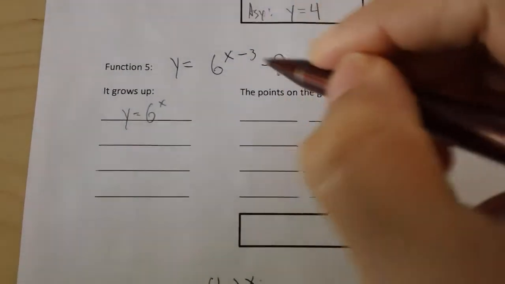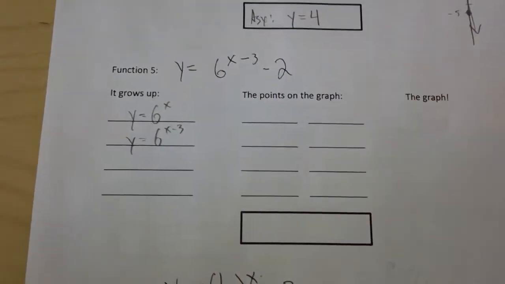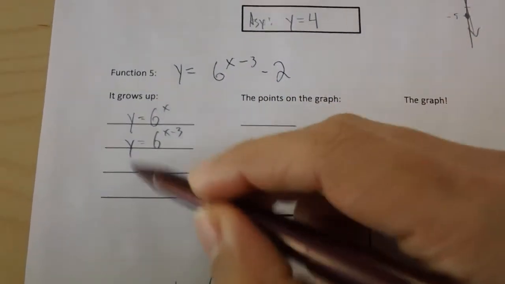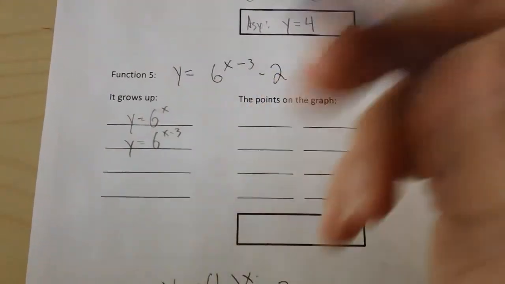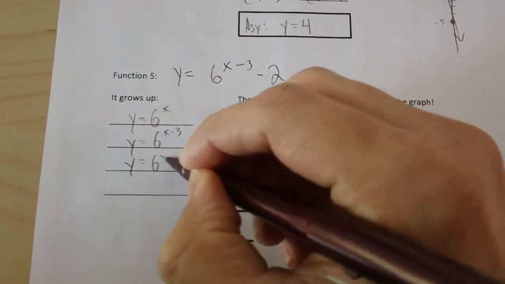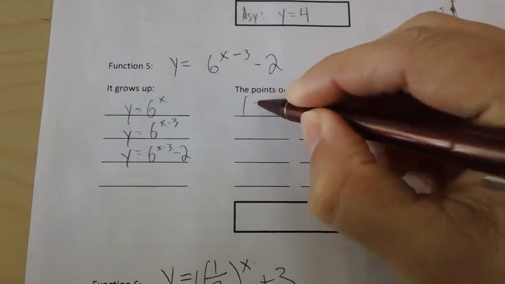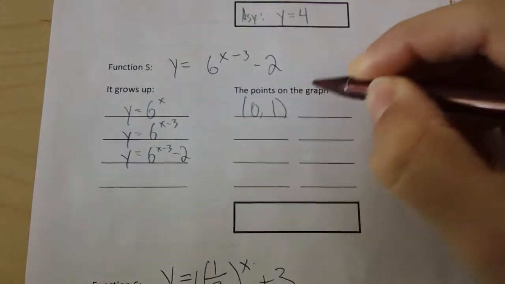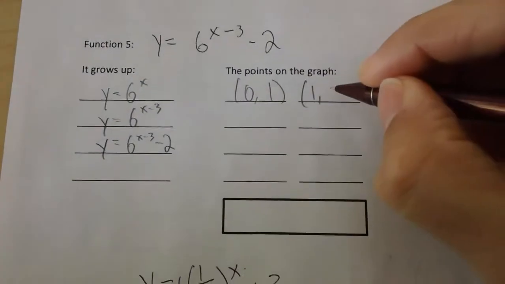And then we're going to add in the exponent, so y equals 6^(x-3). There is no coefficient step here, so I'm going to skip straight to the constant. Well, the coefficient's 1, I guess, but it doesn't really affect anything. So I'm going to have y equals 6^(x-3), and then I'm going to subtract 2. Again, I'm going to start off by plugging in 0, and I always get 1. And when I plug in 1 into this, I'm going to get 6.